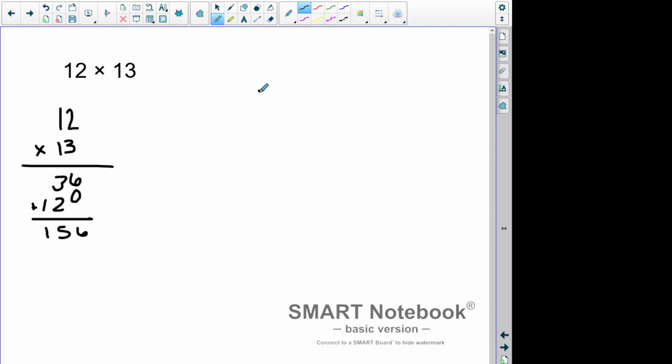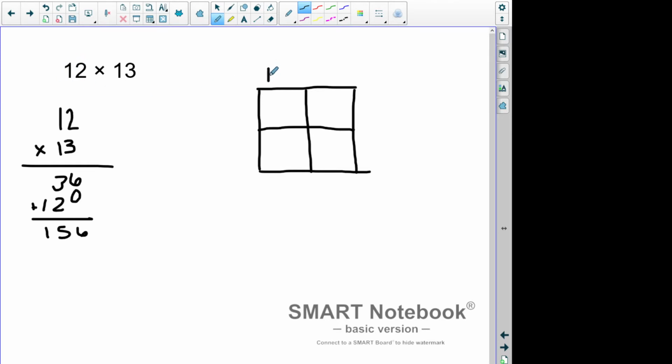You may have seen this before. I have 2-digit numbers, and so I'm going to make a 2 by 2 grid. This is a 2-digit number, so I'm going to put the 2 digits here. And then this is a 2-digit number, and I'm going to put the 2 digits here. And the way I'm going to write these numbers, 12, I'm going to write that as 10 plus 2.